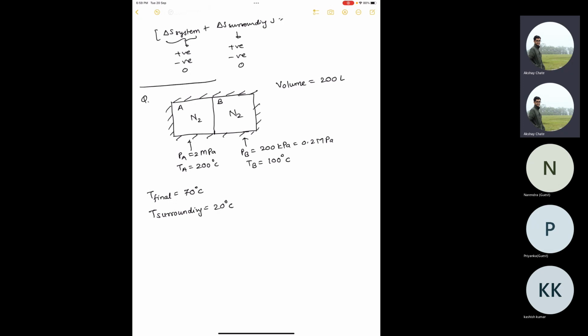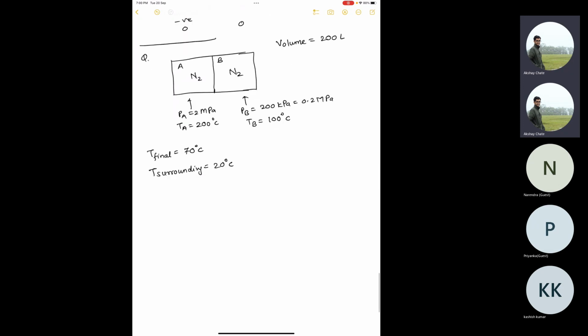I think it's not adiabatic. One second. Yeah, in the question it is nowhere mentioned that it is adiabatic. So my apologies, I gave you wrong data initially, because if it is adiabatic, then there is no use of surrounding temperature, but it is given that surrounding is at 20, so it has to be non-adiabatic.